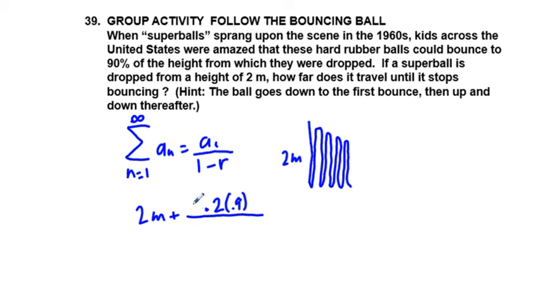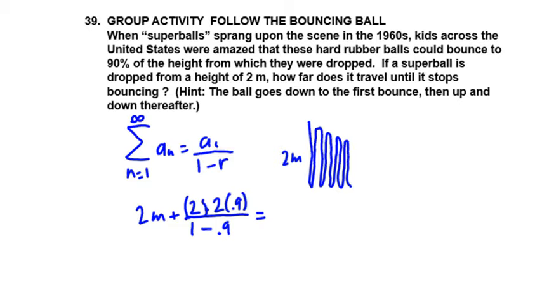So we have 2 times 2 times 0.9. That's going to be our a sub 1. And over 1 minus r, well, r is going to be 0.9 for 90%. And so now I think we should have everything we need to put in our calculator and get this right.